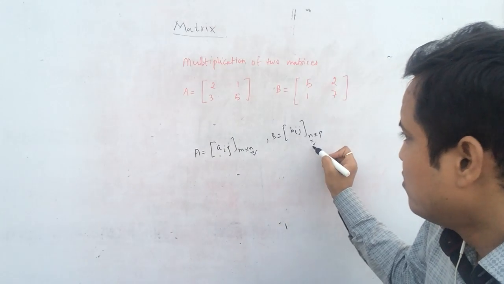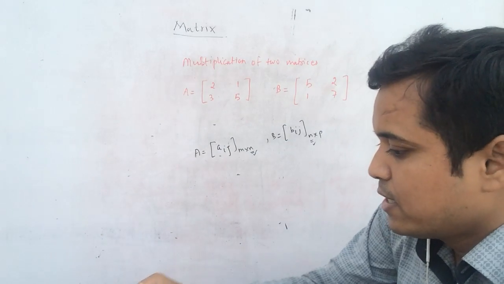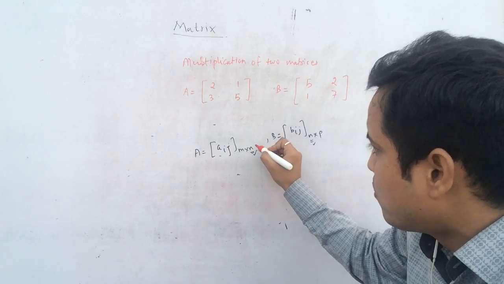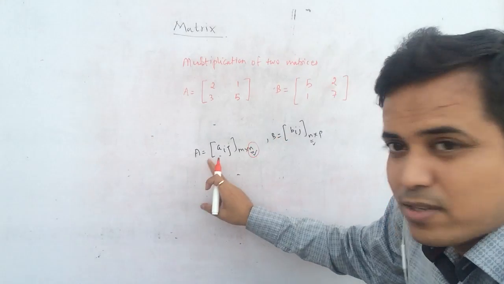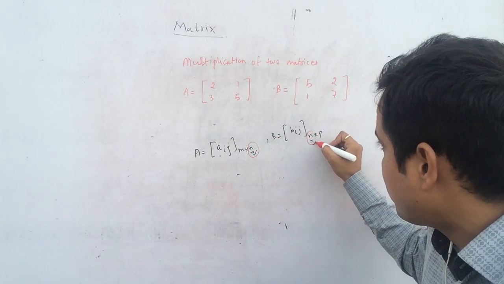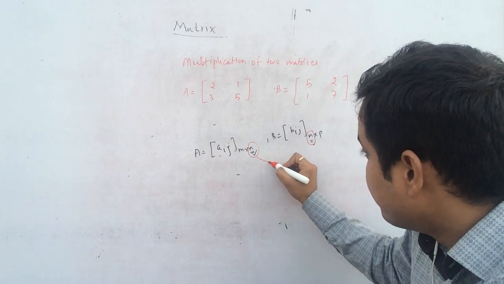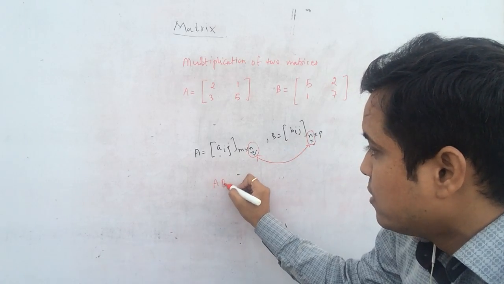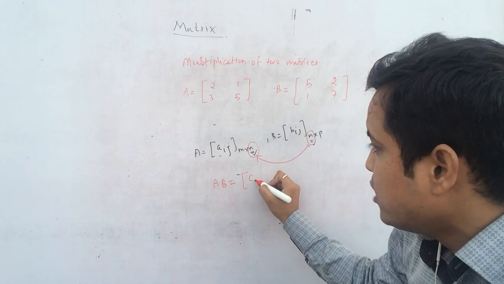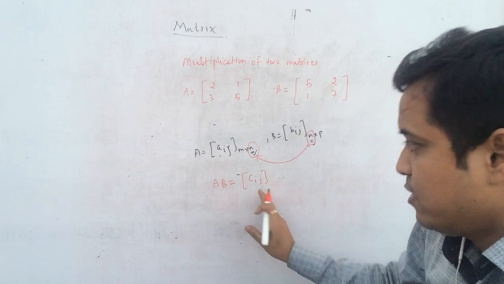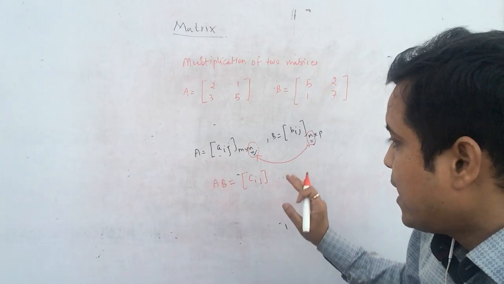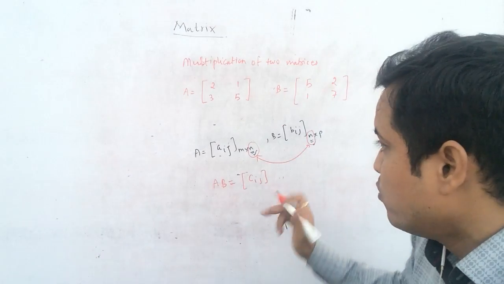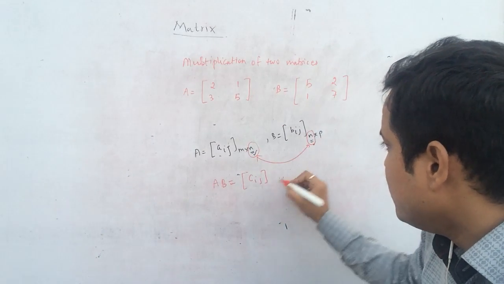That means this n represents the number of columns of matrix A, and this n represents the number of rows of matrix B. Both should be equal. When you multiply these, you get, suppose, Cij, and the order will be m cross p.